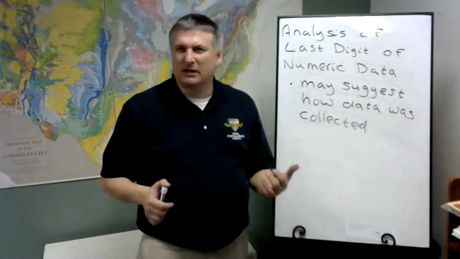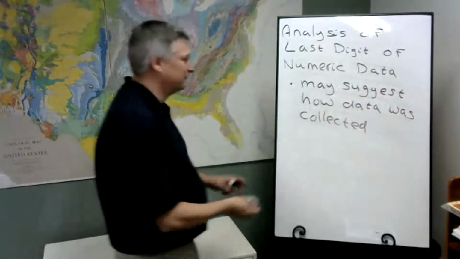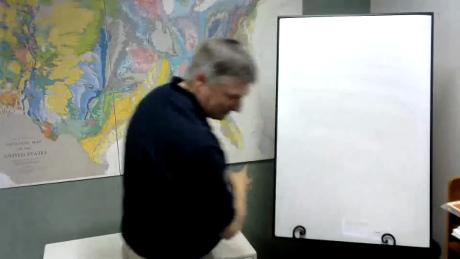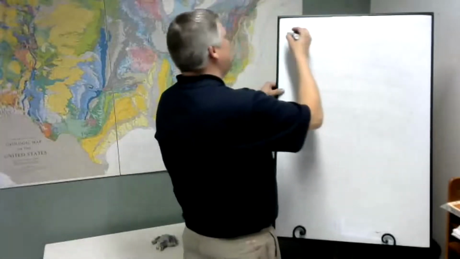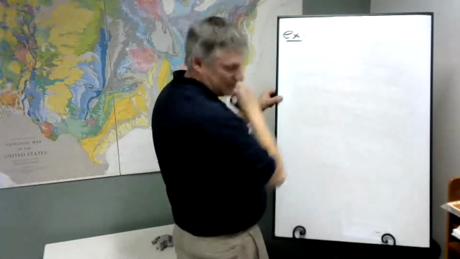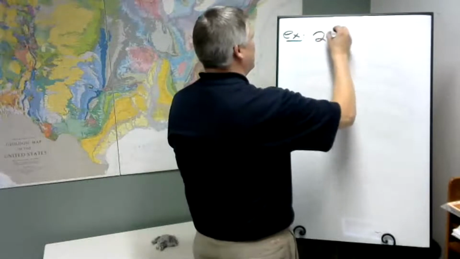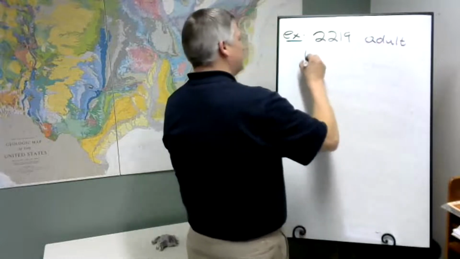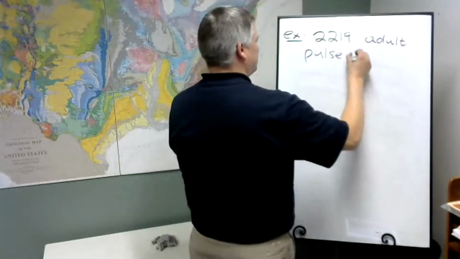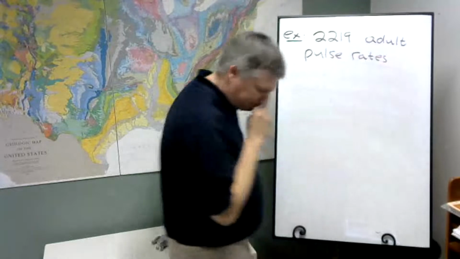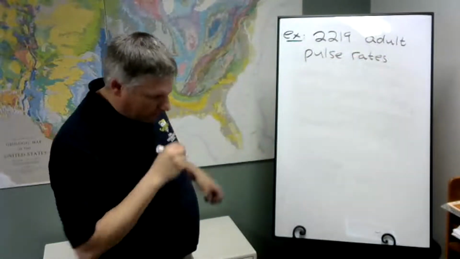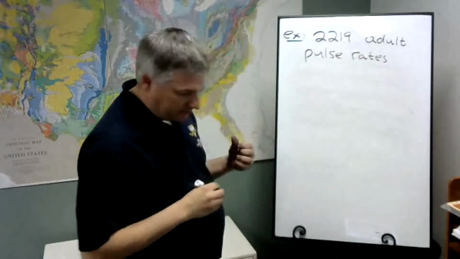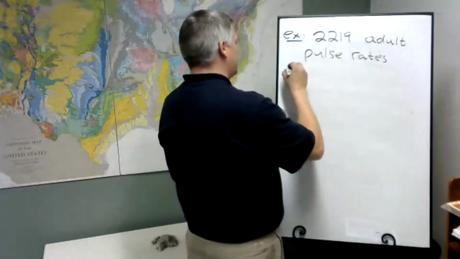This might seem kind of strange, but here's the example that they give. Let's say you have data that's 2,219 adult pulse rates. What we're going to do is create a chart which is the frequency of the last digits in each of these pulse rates.